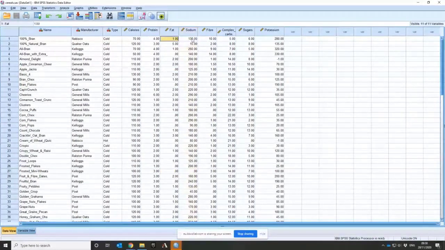Next we have sodium, and you see this is a much bigger number than these ones. So these are likely in grams, and these are likely in milligrams. 130, fine. 15, is that reasonable? And that one's 130 on 260. Could I get it down to 15? Yes, that's sort of reasonable. You'd have reduced salt.